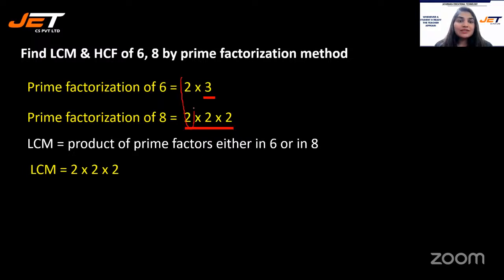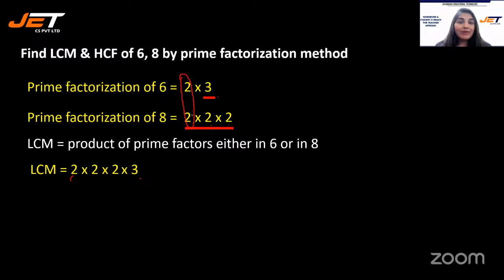Or you can simply say we have made a group like this, 2 here. Then for the numbers that I cannot make the group is 2, 2, and 3.